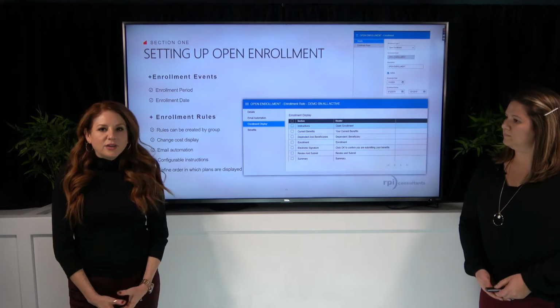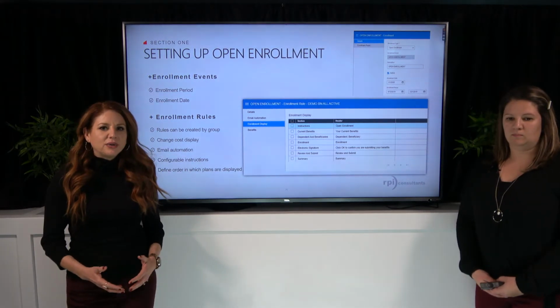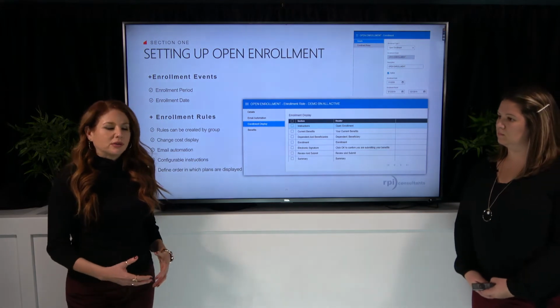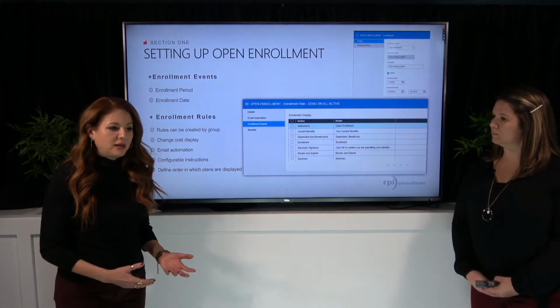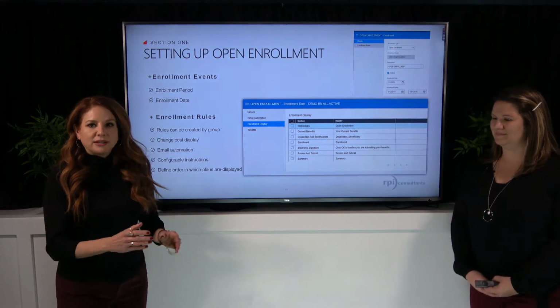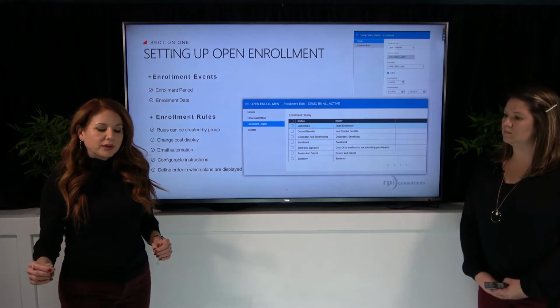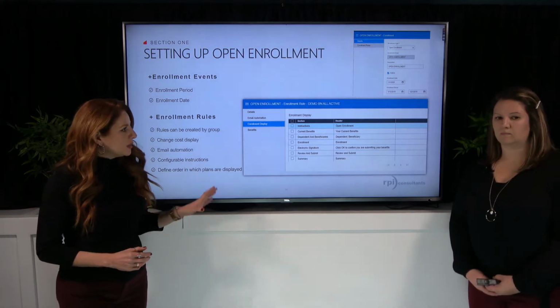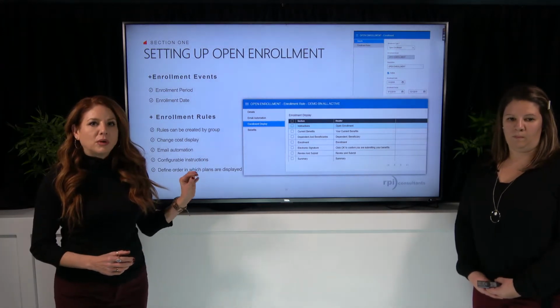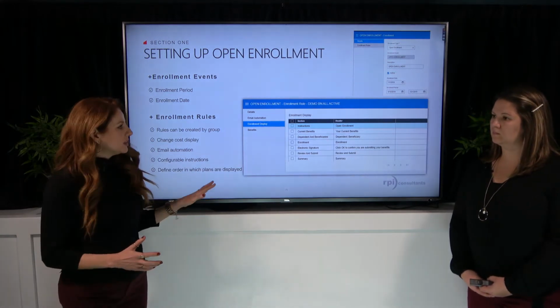Yeah, so in the old days, if you were using S3 for benefits enrollment, you didn't really have a lot of options for setting up what your enrollment experience was going to be. You really just had plans set up, and then you could number in what order you wanted your enrollment to go through. You could put your dates in, but this is giving you a lot more functionality into exactly what that experience looks like.